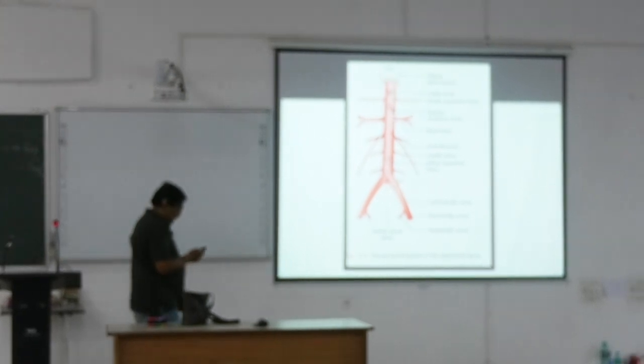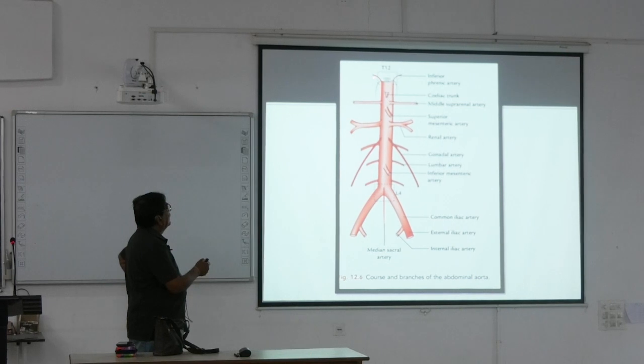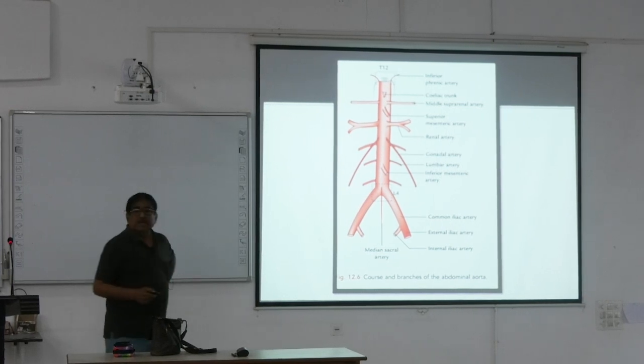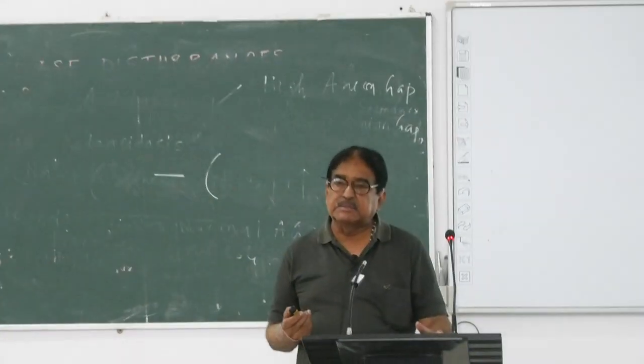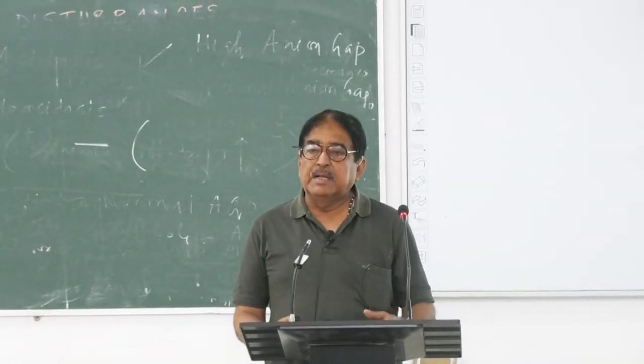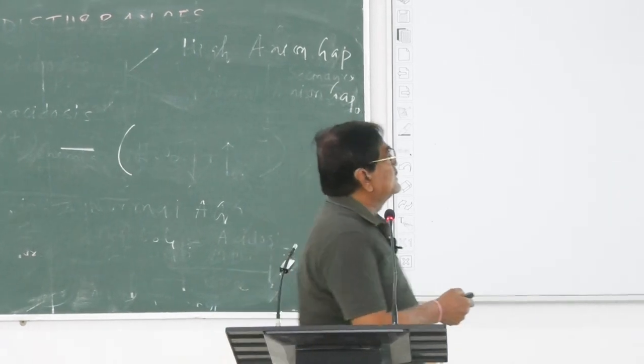Now, the course and branches of the abdominal aorta. This can be a short question, about 10 marks. Now the branches.